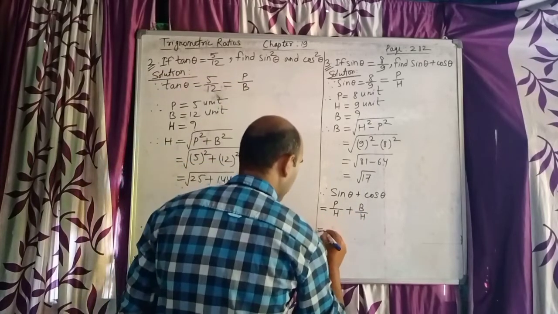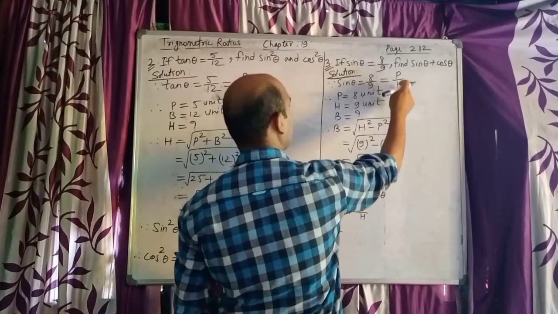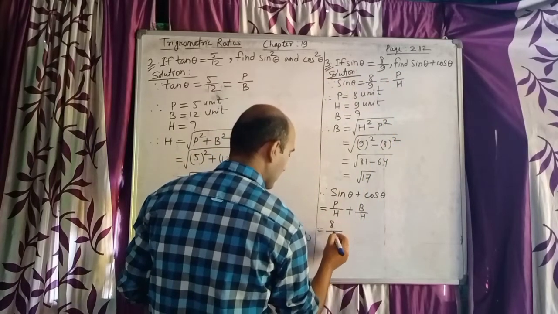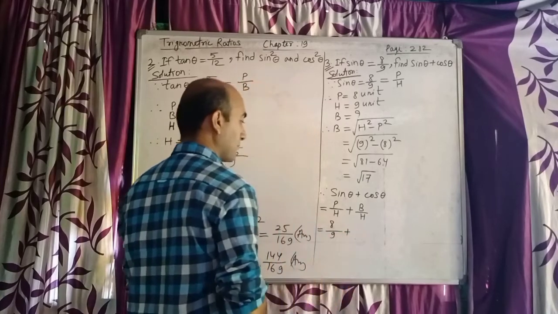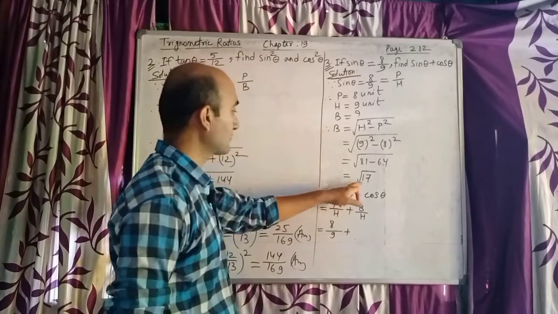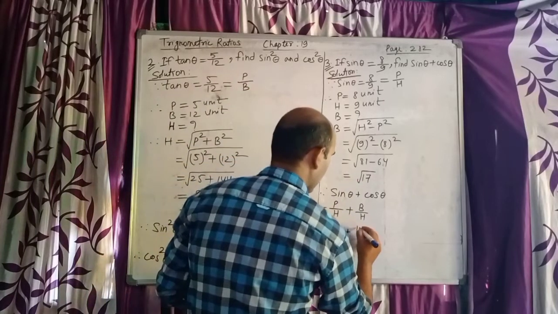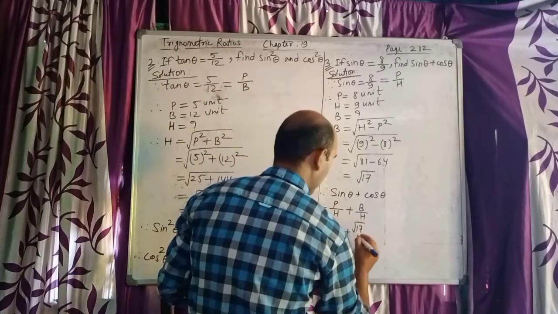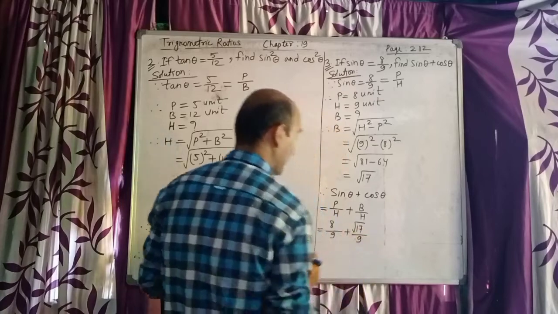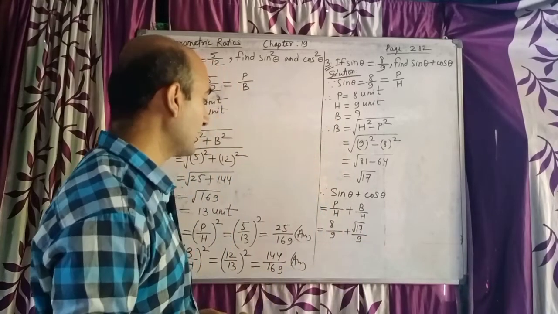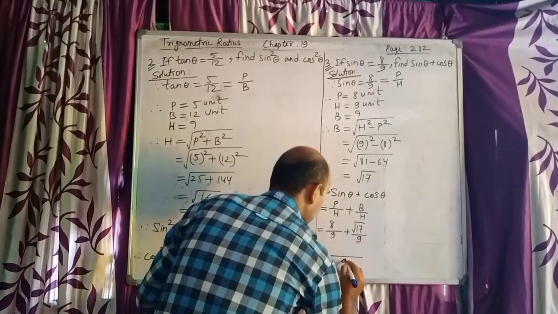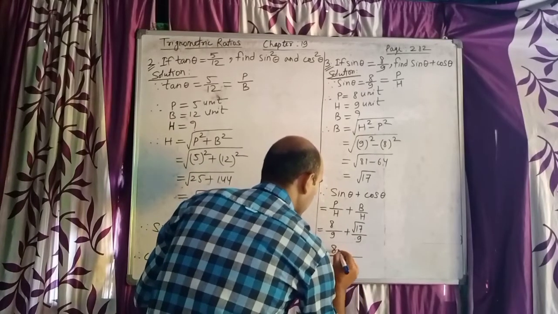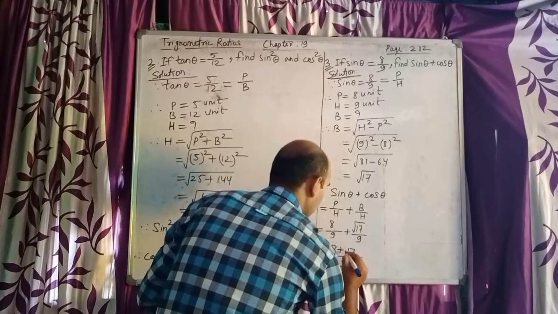Now you can put the value. We all know that p by h is 8 by 9. So 8 by 9 plus b by h, b is root 17, by 9. Children, here 9 will be our LCM. So if I write 9 as LCM, our answer will be 8 plus root 17.